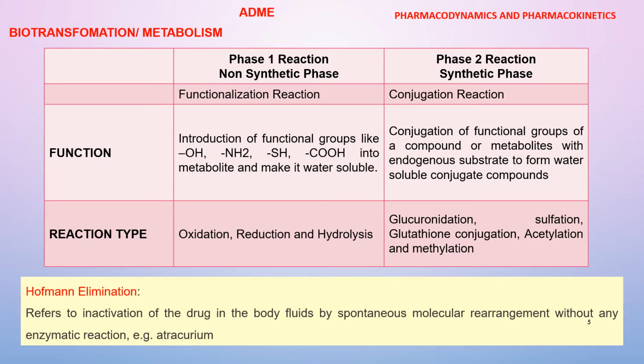In certain cases, certain drug metabolites become inactive due to spontaneous molecular rearrangement rather than breakdown. No enzymes are involved in this reaction. This is referred to as Hofmann elimination.